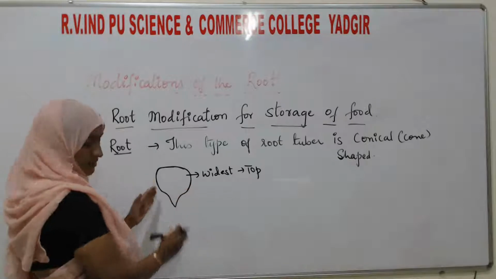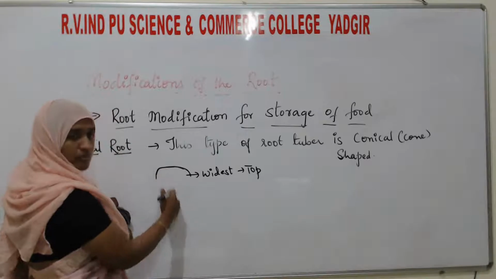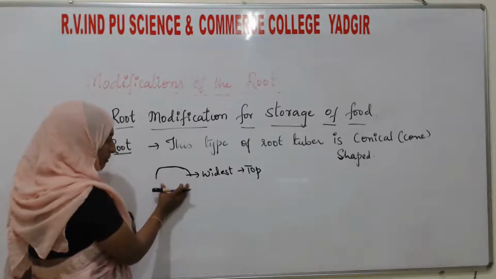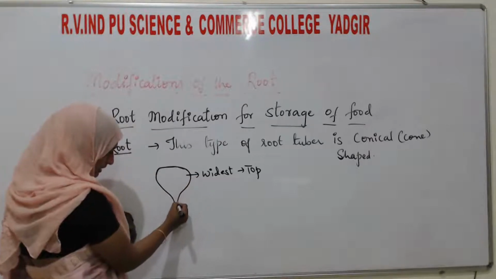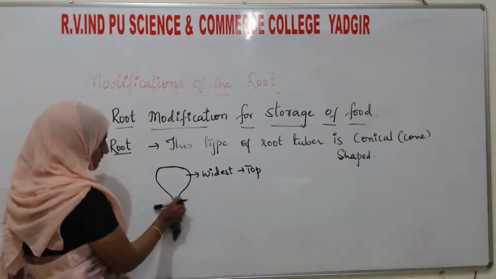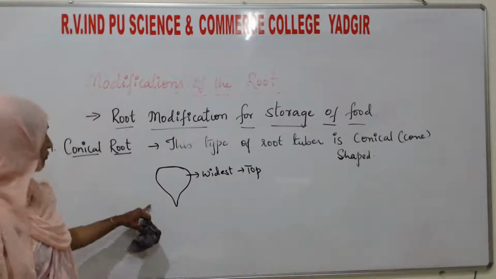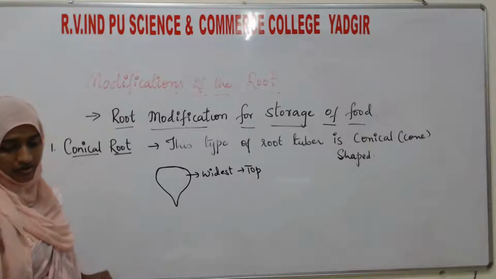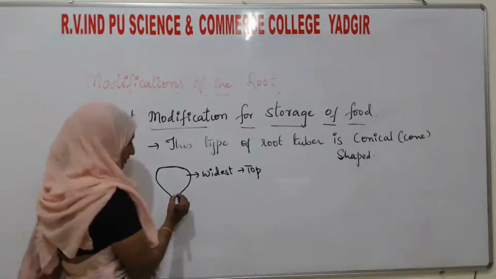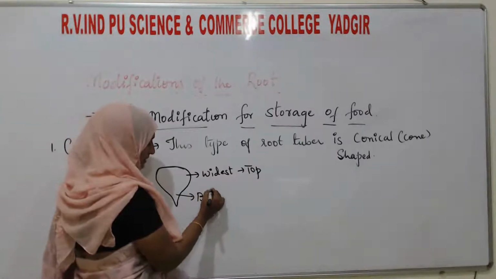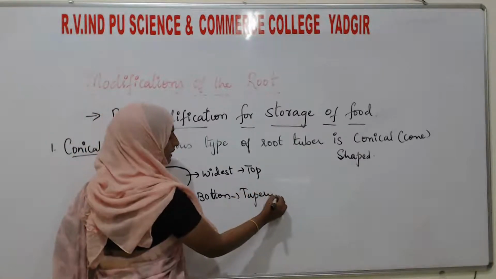This top part is the wider part, and as it goes down, it is just tapering like this. This is one type of root which we call the conical root. At the bottom, it is a totally tapering end.